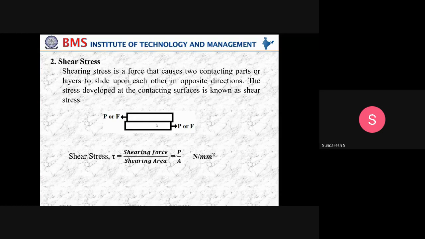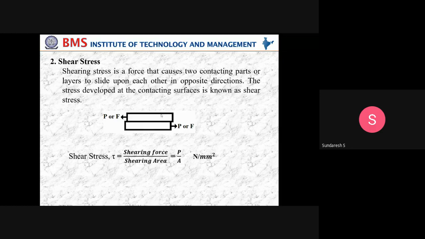The two contacting surfaces or layers slide over each other in the opposite direction. So when one layer slides over another, the stresses which will be induced across these surfaces, we call that a shear stress.